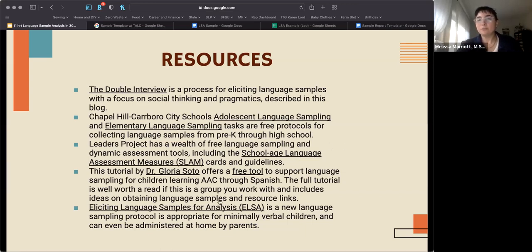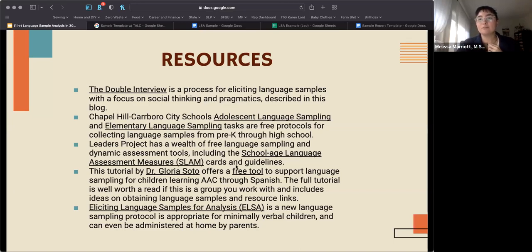And then these two tools are both new. So this one from Dr. Soto came out, I think it was published in, I want to say April of this year. So maybe like 6 months ago. And it's a language sampling tool, not only for AAC users, not only for people who speak Spanish as one of their primary languages, but for people who fit in both of those buckets.